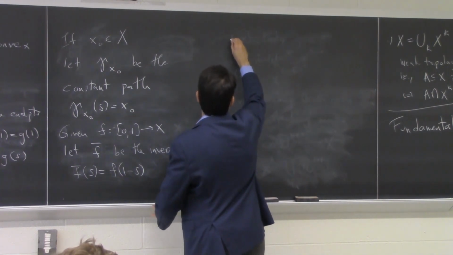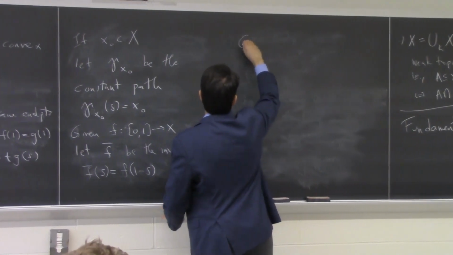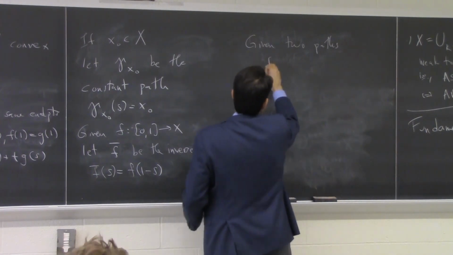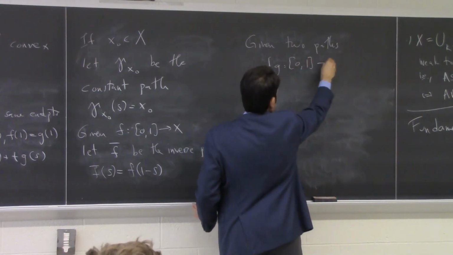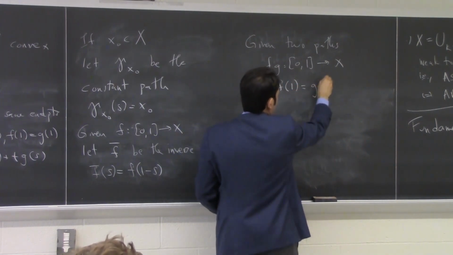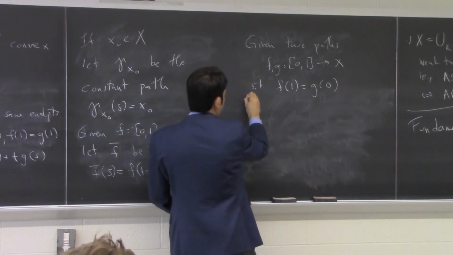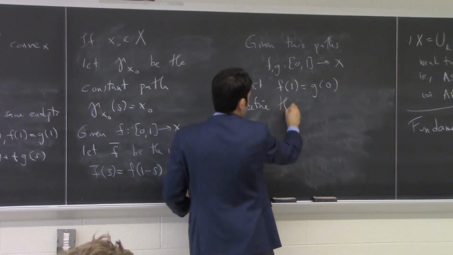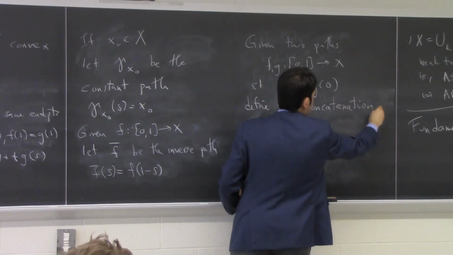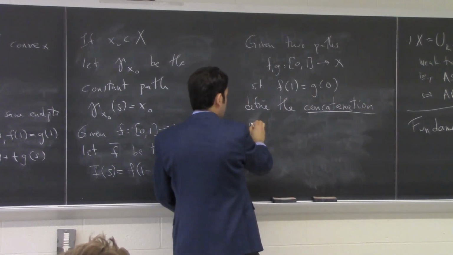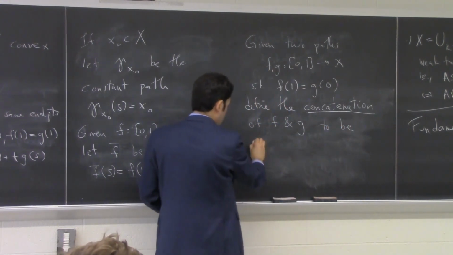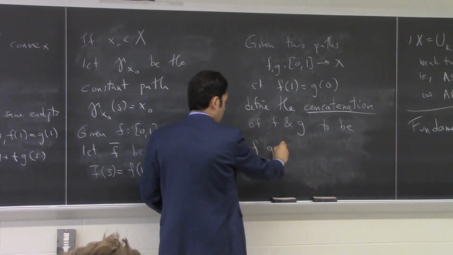Okay, and then most importantly, given two paths f and g such that f of 1 is equal to g of 0, define the concatenation of f and g, which we'll denote with f dot g.